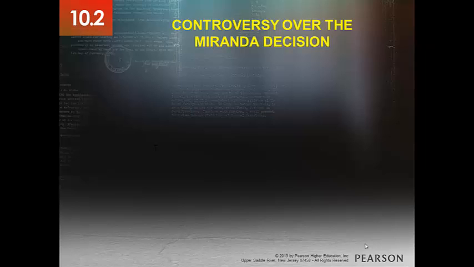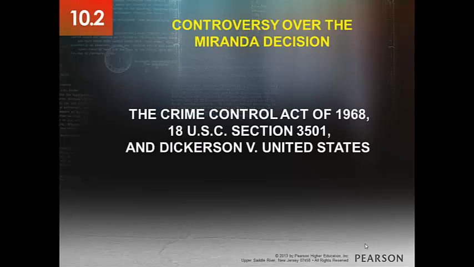Shortly after the Miranda decision, Congress passed the Crime Control Act of 1968, which, among other things, attempted to overrule the Miranda decision. The statute, codified as 18 U.S. Code Section 3501, states that in any federal prosecution a confession shall be admissible in evidence if it is voluntarily given.